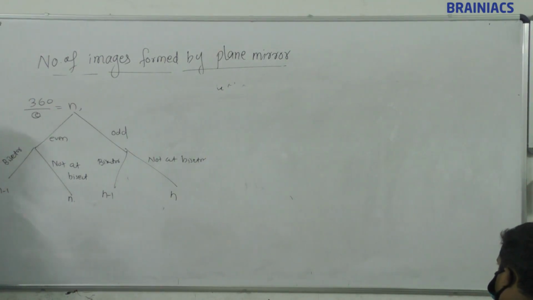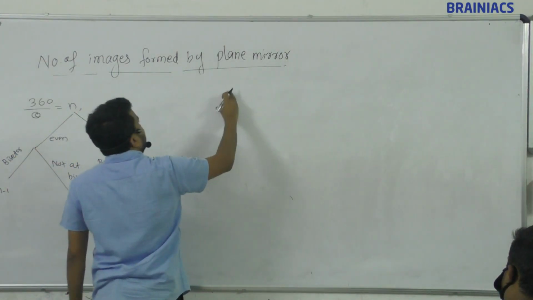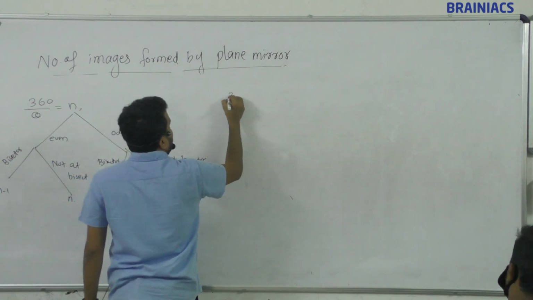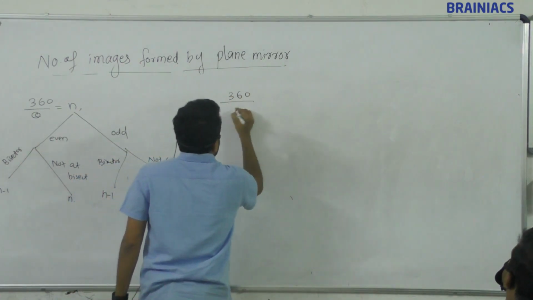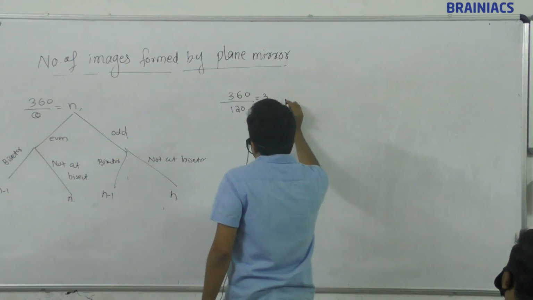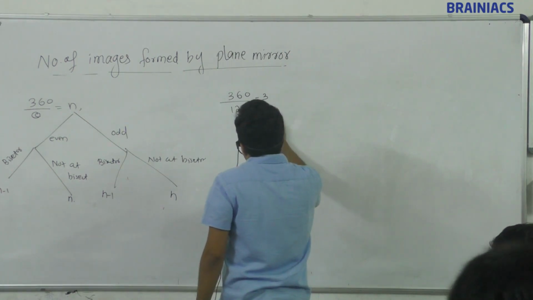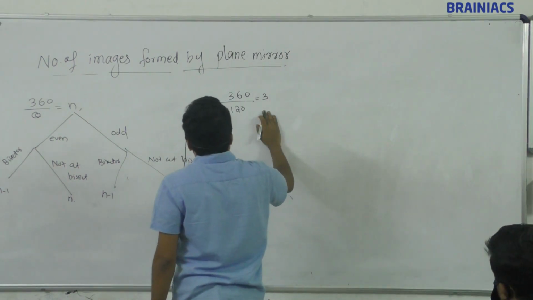Let me take one example. For 360 by an odd number, we can take 3. For example, 360 by 120 degrees I am taking, so the odd number is equal to 3.